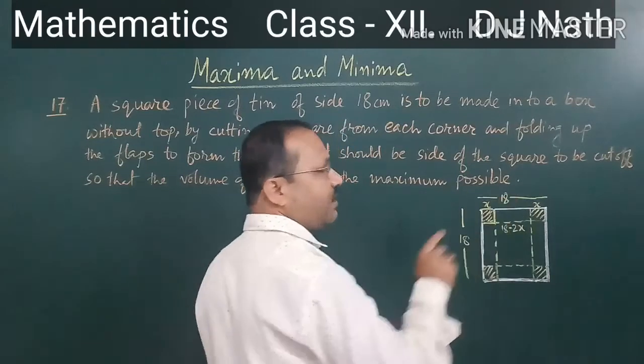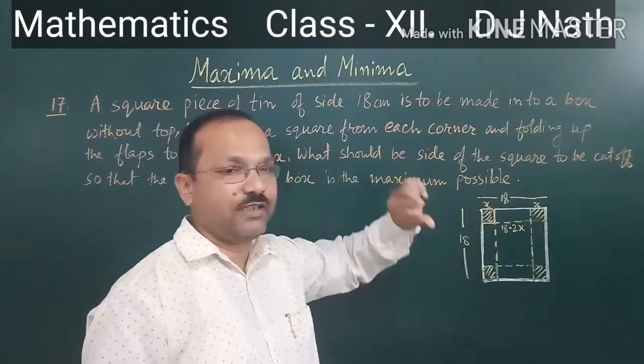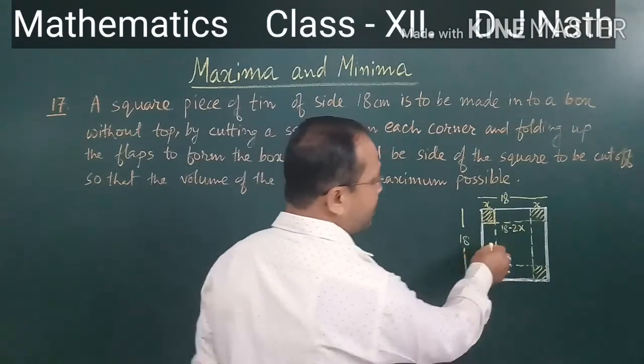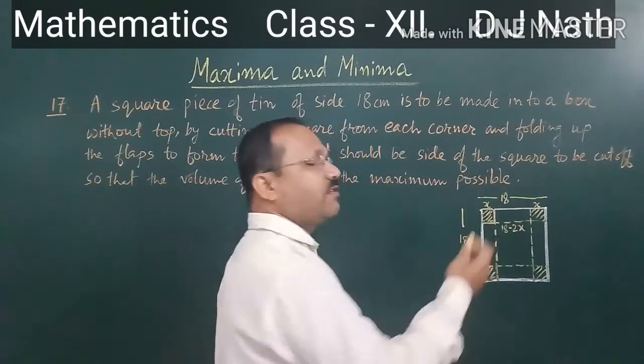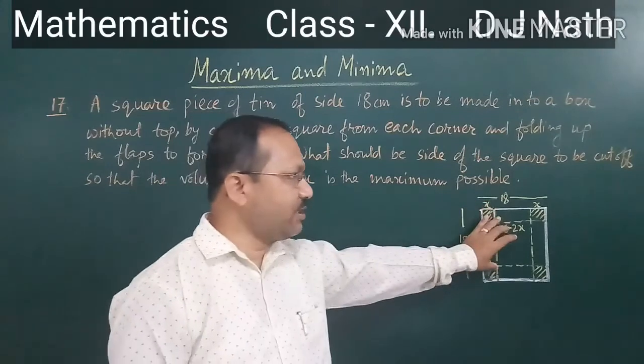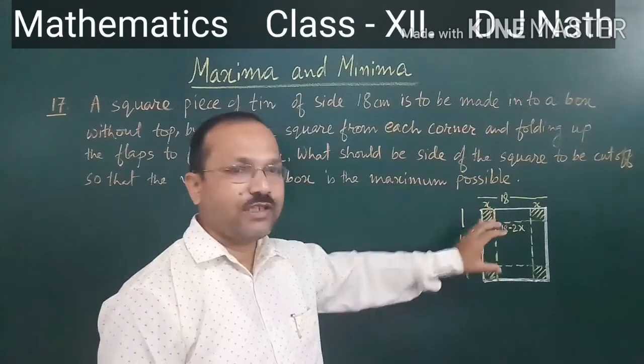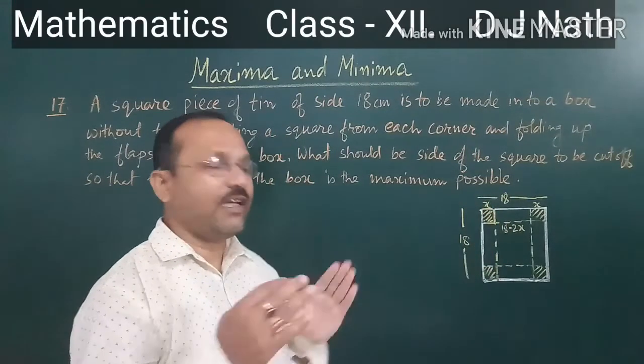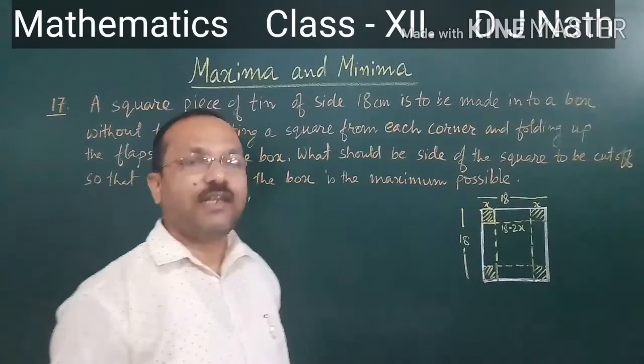And what will be the height of that box? The height of the box will become x centimeter, since this is x. So the dimensions of this box are 18 minus 2x, 18 minus 2x, and height x centimeter.